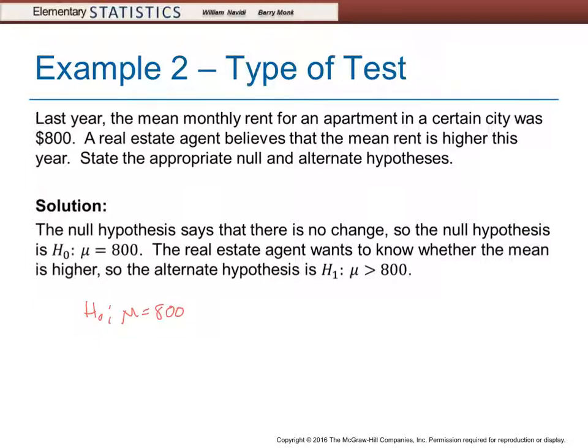That's the initial condition of the population of rents. Now, we believe our hypothesis has changed. We believe that the true value of average rents have actually increased. That's what we believe, so we're going to test that hypothesis. So now we're testing the alternative. Here is the alternative hypothesis test.